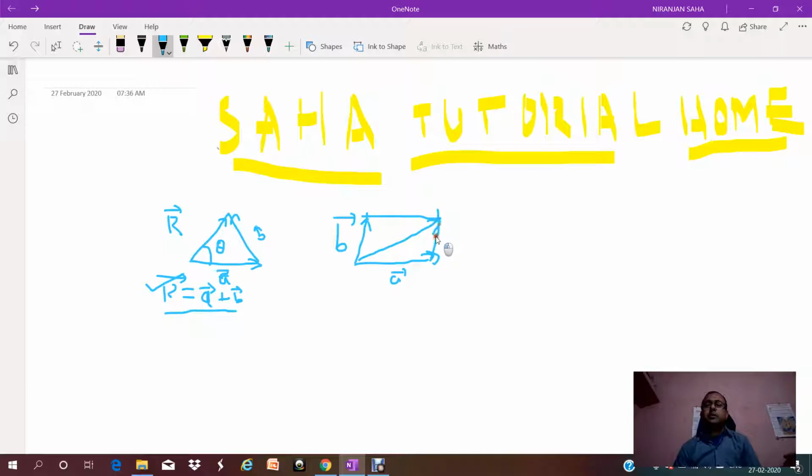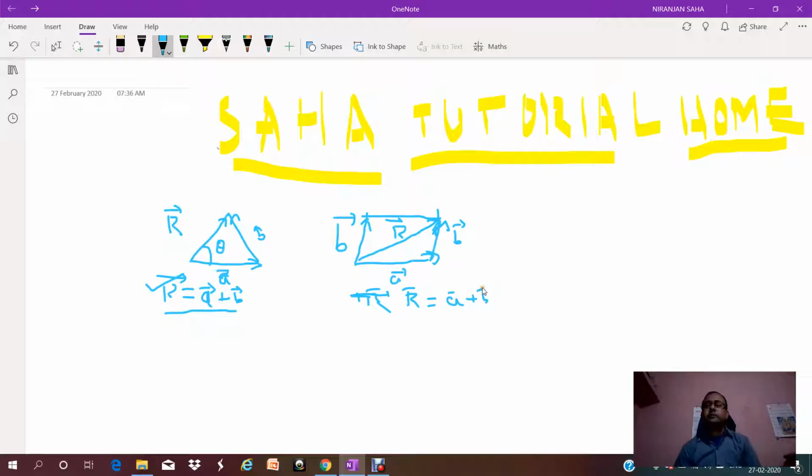This is also vector B, parallel to vector B. This is vector B, and this is the resultant vector. These are very common knowledge of vector algebra, and you know the rules of vector algebra for how the resultant is obtained. So I am not giving that. I am just giving the representation of the resultant of the vectors. This is vector A and this is vector B.